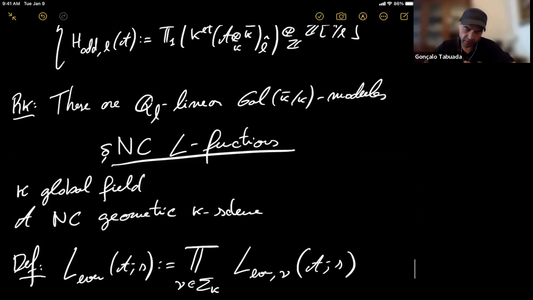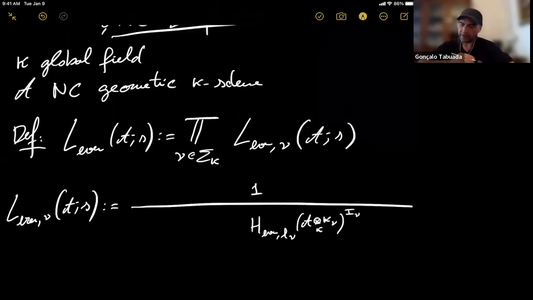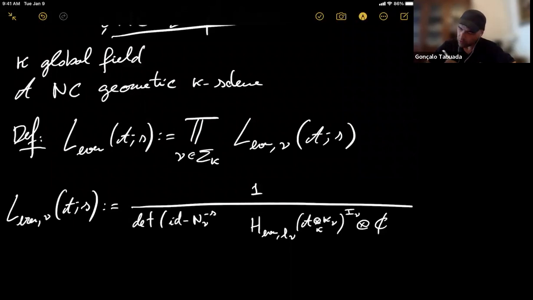So you take these even groups that you've just defined, and then you need first to base change to the completion, and then you take those things that are invariant under the things that are fixed under the inertial group. Then again, you need to extend scalars to C, and here you have this operator. So you have this similar formula where here you have this operator, and you need to base change to C to make this make sense, and yeah, you get this well-defined function.